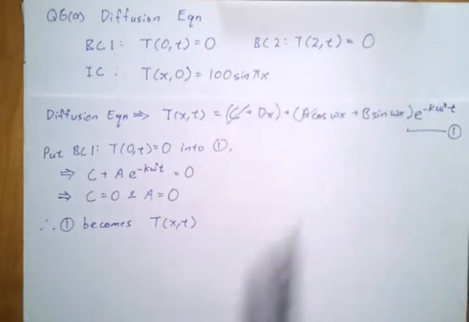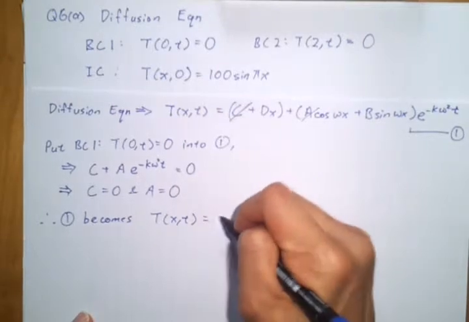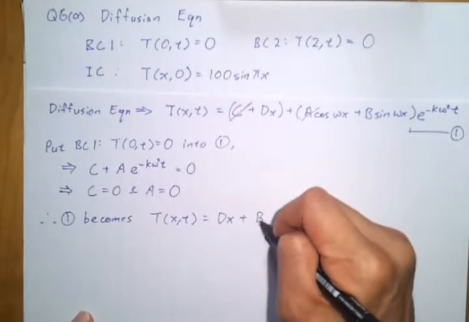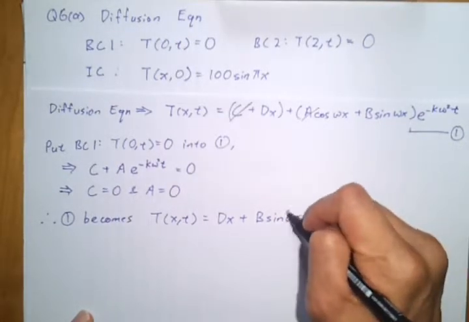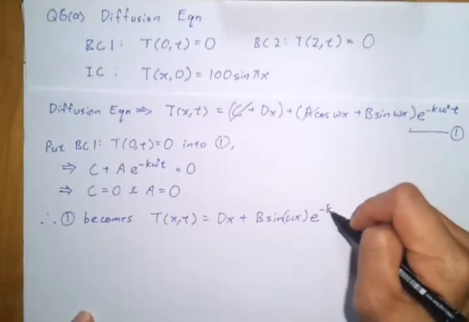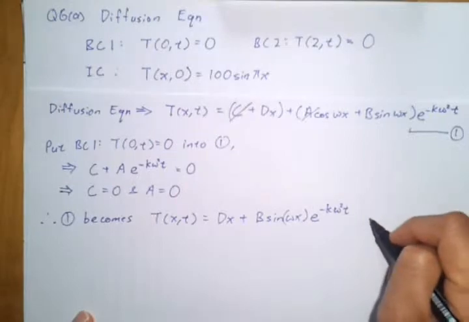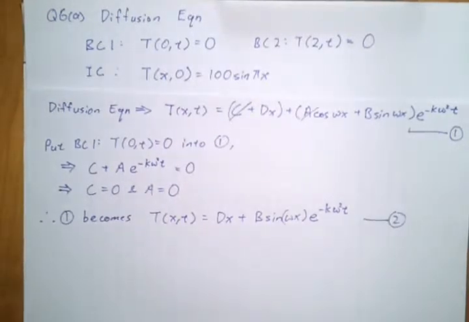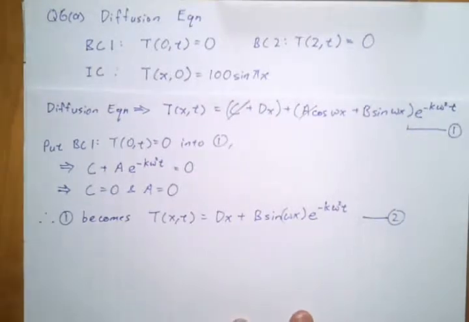So these two terms go away, so you're just left with dx plus b sine omega x times e to the power minus k omega squared t. So that's my updated solution, equation 2. Alright.